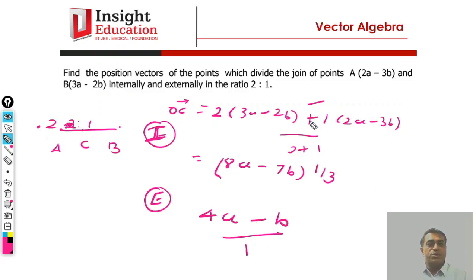Okay, so same ratio, just instead of plus you have to consider minus. So here it is minus, here it is minus, so you will get 4A minus B upon 1, so that is 4A minus B. So first internal division, second external division.